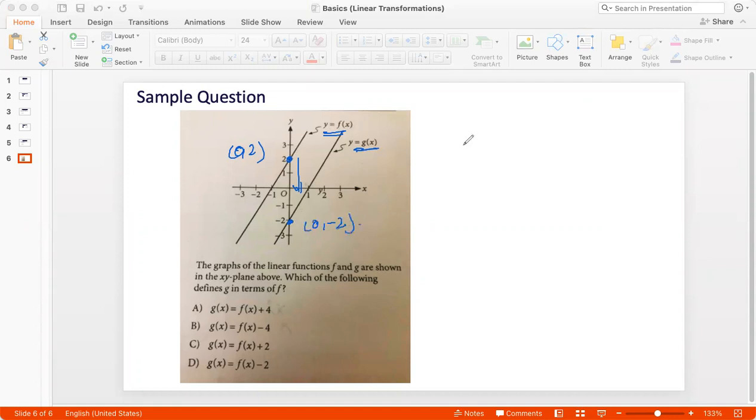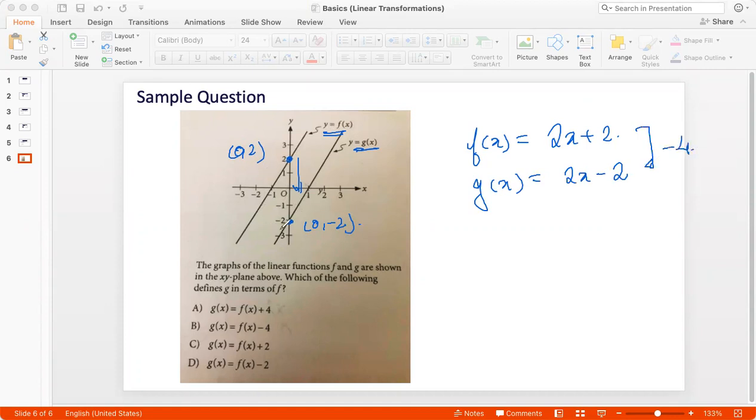Right? So let's say f(x) was whatever the slope is. Let's quickly find the slope. So the slope is 2, right? So f(x) is 2x + 2. So if I have moved g(x) 4 units down, then g(x) will be 2x - 2, because 2 minus 4.